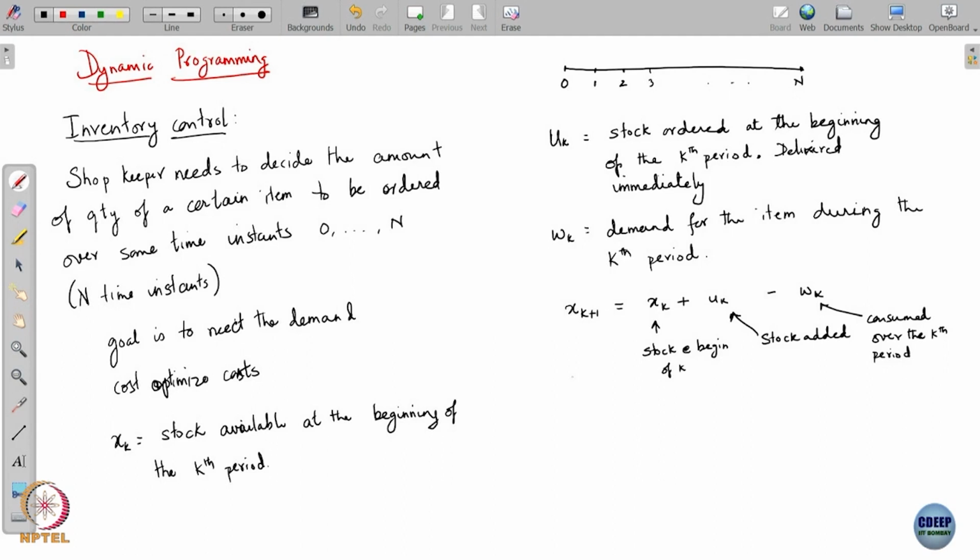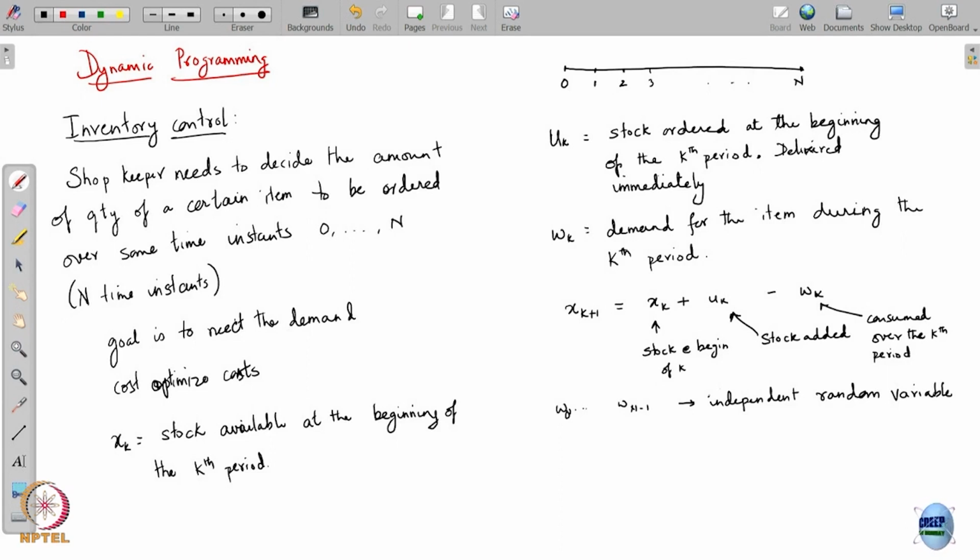All right. Now, we are going to assume that W0 to Wn minus 1 are, let us say, independent random variables. But if you are not comfortable with random variables, it is okay. You can simply think of these as some exogenous variables that we do not know the value of.